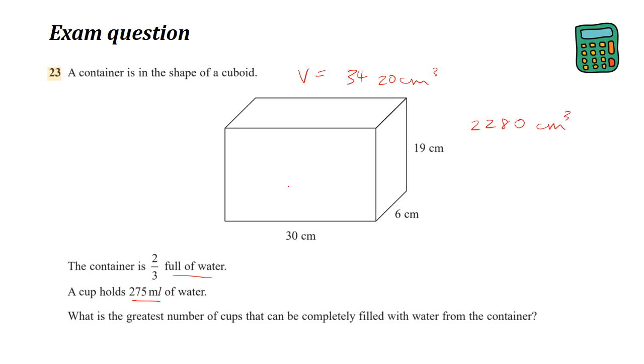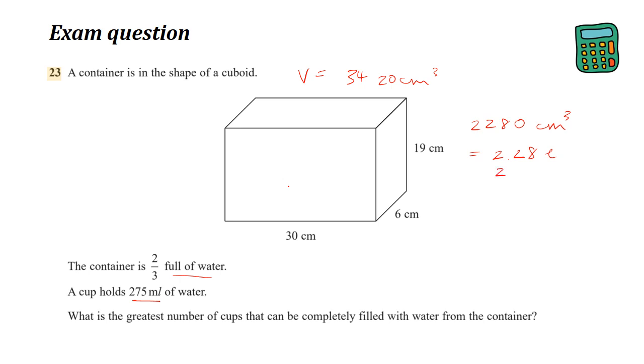Now, a cup holds 275 milliliters of water. We have mixed units. That's how much water we've got. That's how much water is in a cup. You need to know that 1 liter is equivalent to 1,000 cubic centimeters. Therefore, this is 2.28 liters. Still got mixed units.